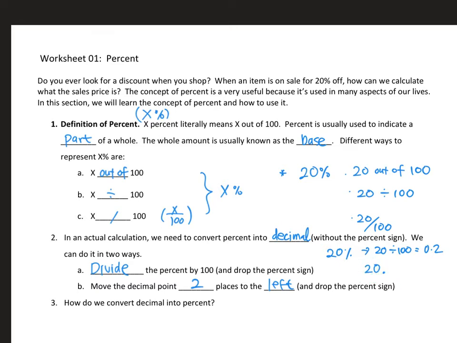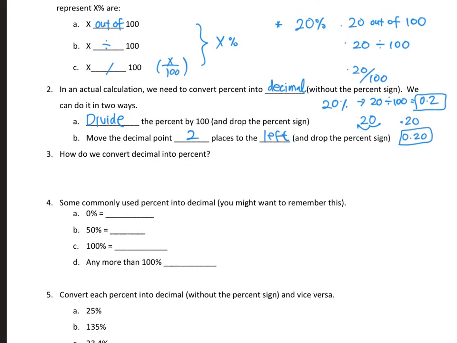If I use this part B method, I'll move two places to the left. 1, 2. So it'll be 0.20. Sometimes you can write it as 0.20. So either way, we get the same answer. That's how I convert percent into decimal for calculation.